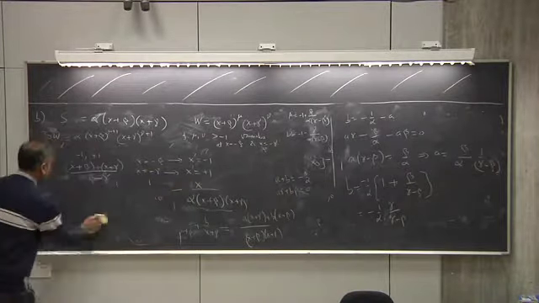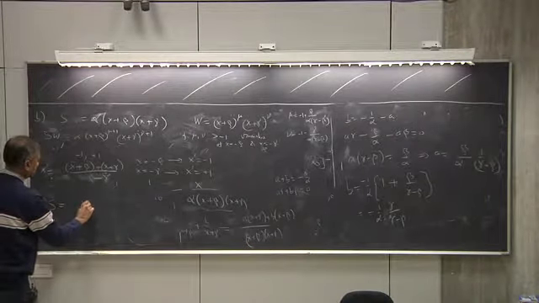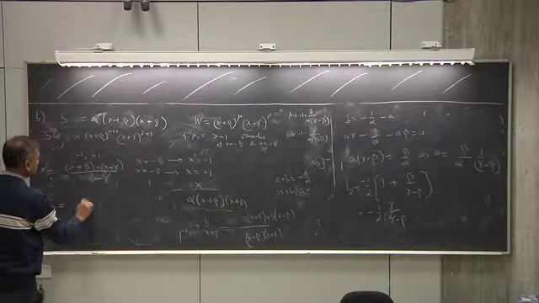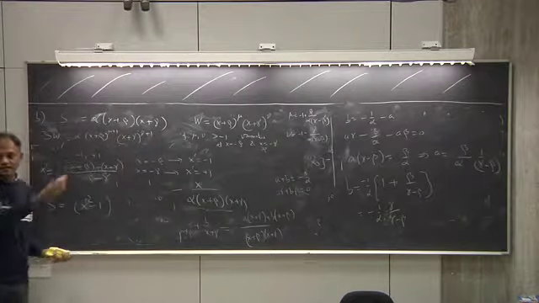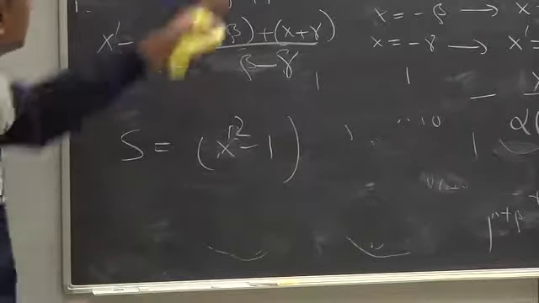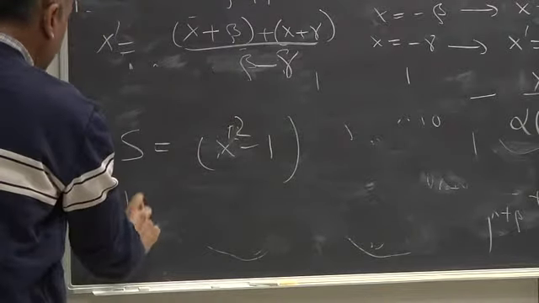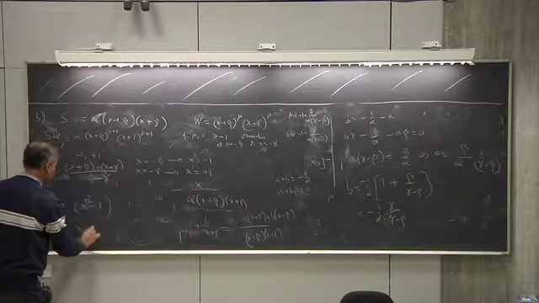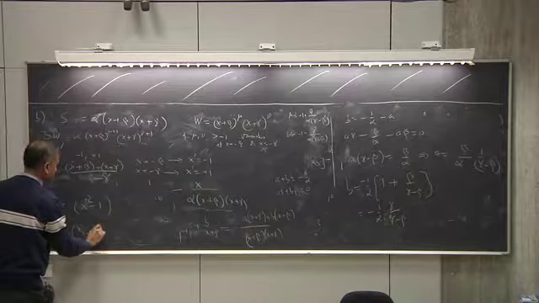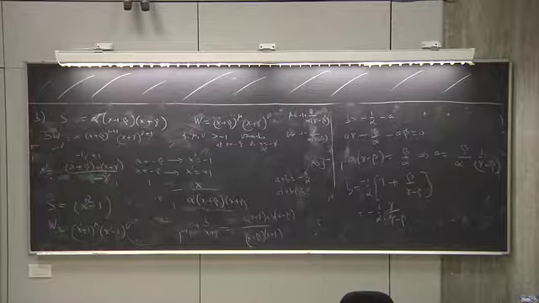So S must simply become x prime minus 1 times x prime plus 1, which is x prime square minus 1, up to some constant. This constant is irrelevant, so I can forget about it. And W will become x prime plus 1 to the power of mu, and x prime minus 1 to the power of nu, in the x prime variables.